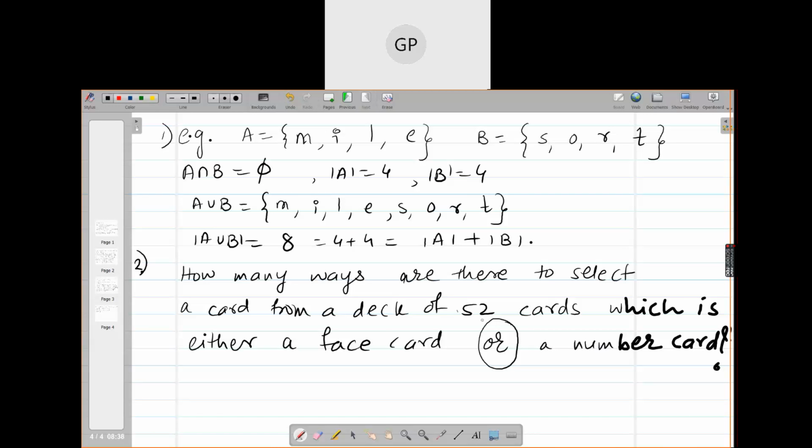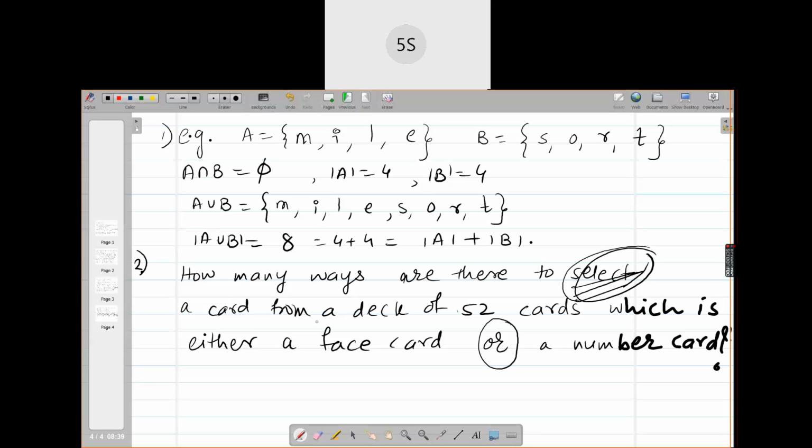Very simple example I am giving you. So you are selecting something. You have done permutations and combinations, right? Whenever you get the word select, what do you use for the word select?